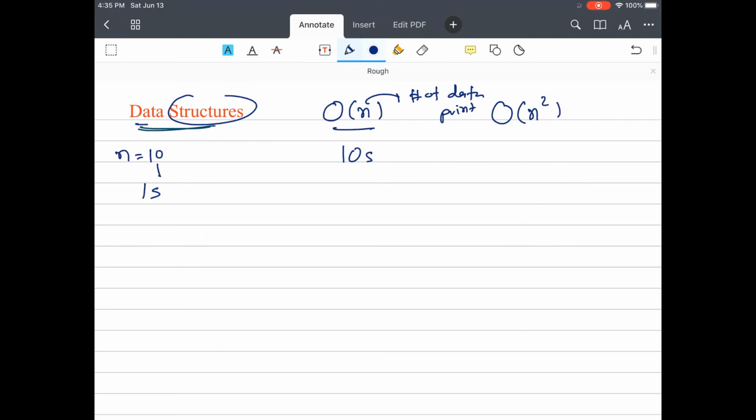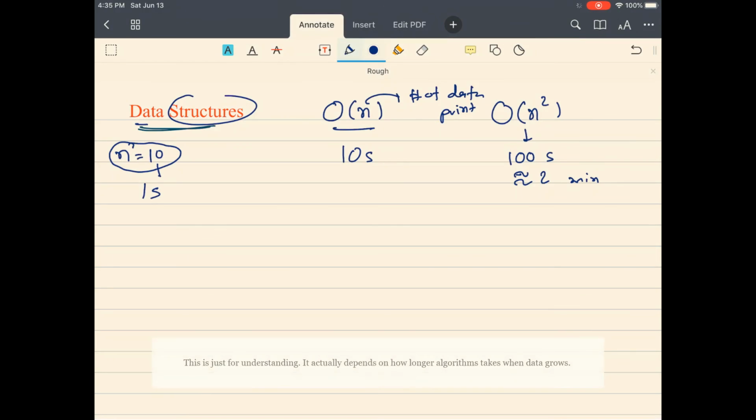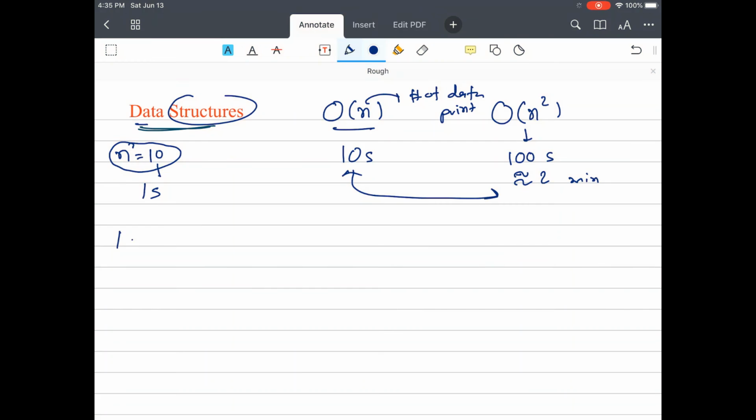So this is going to take 10 seconds versus this is going to take 100 seconds, which is almost 2 minutes. So even if the data is so small, the difference is huge. So imagine if you have 1 million or 1 billion data points, how long it's going to take.